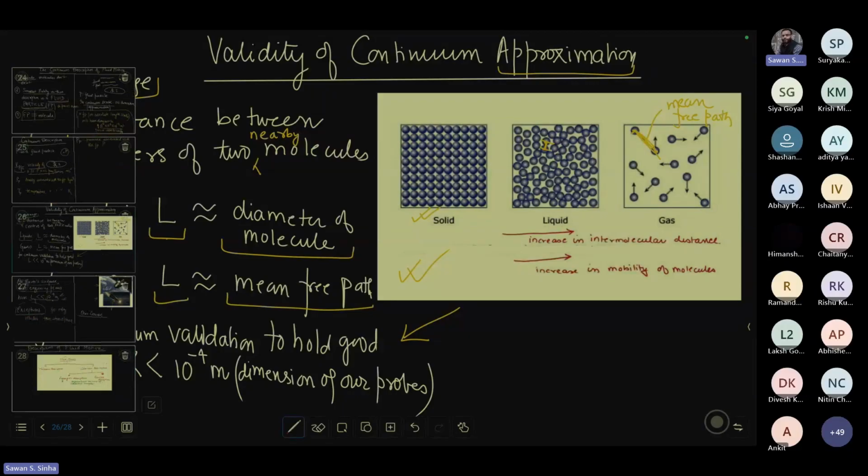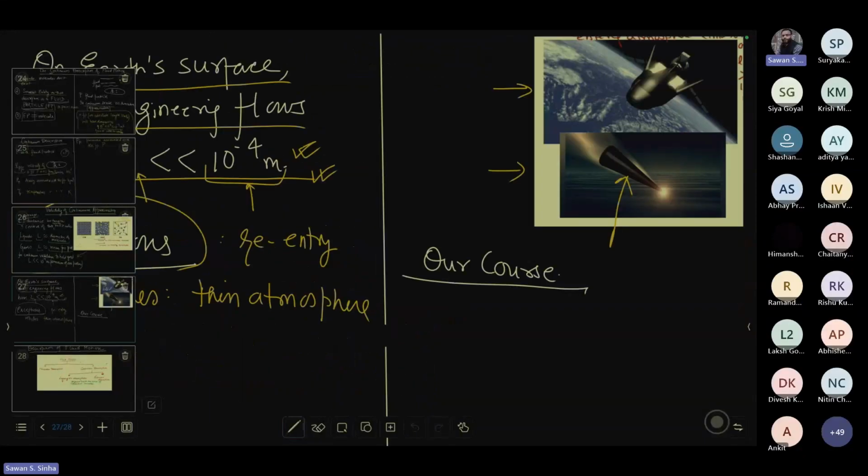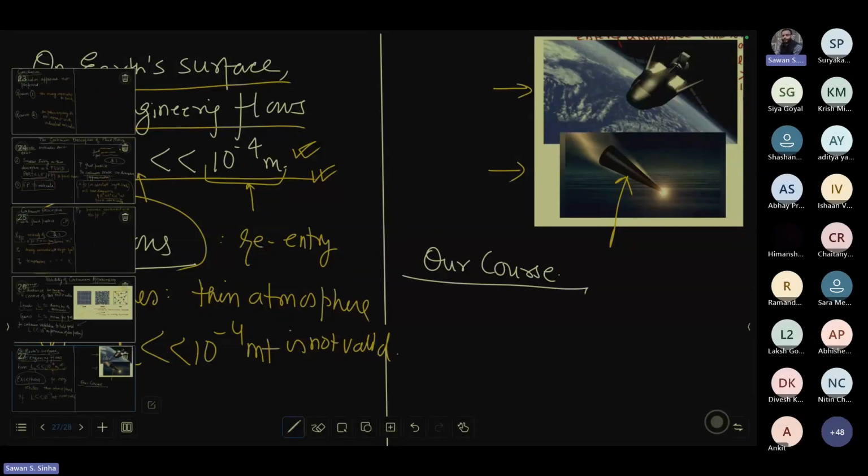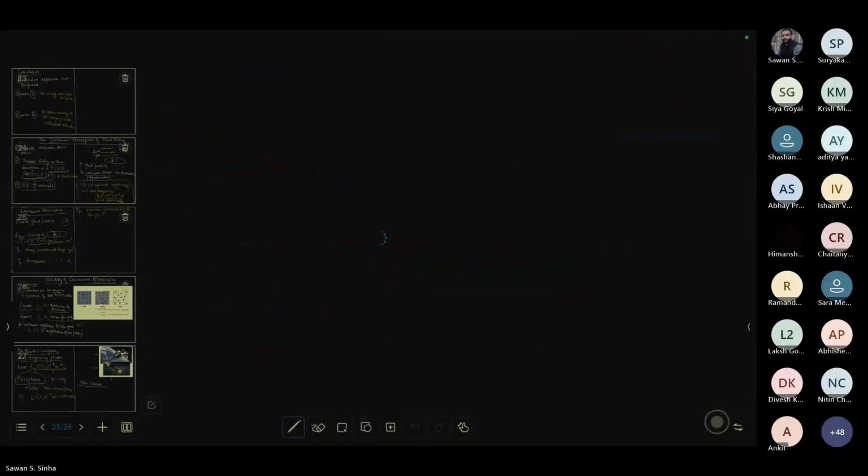And when mean free path becomes very huge, you will have this condition violated. L is not much less than 10 to the power minus 4 meter. If this is not valid, you cannot use these continuum ideas that I am trying to introduce here.